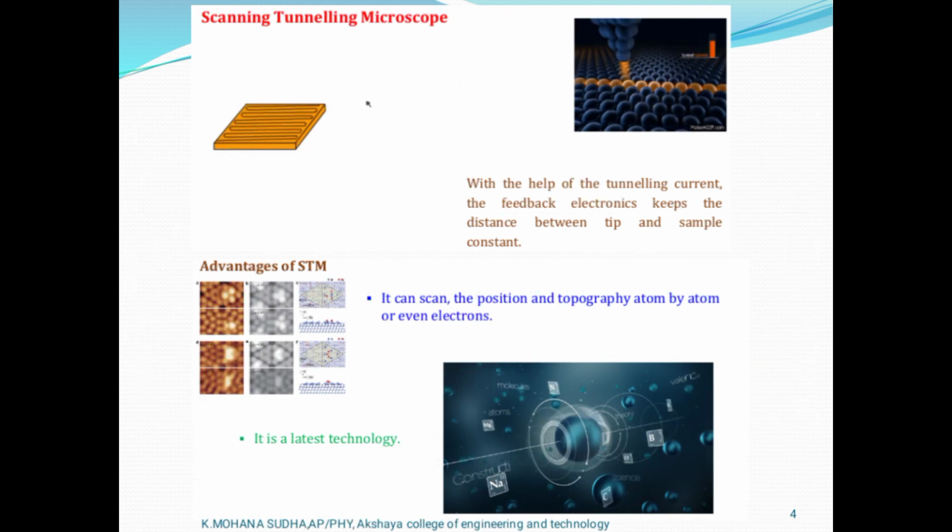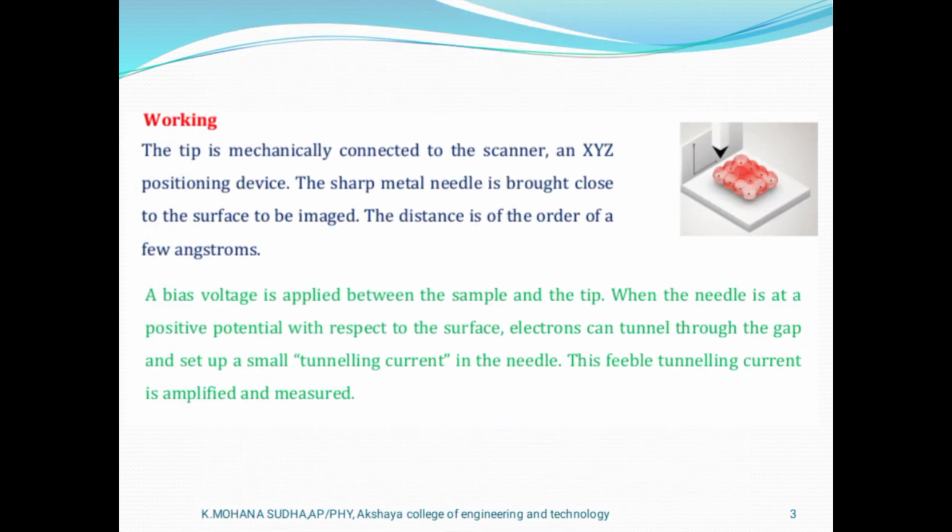Due to biasing, electrons tunnel or jump between the tip of the probe and the sample and produce a small electric current called tunneling current. The tunneling current flows through the circuit only through the small air gap of distance d between them. The current produced is amplified and measured in the computer.